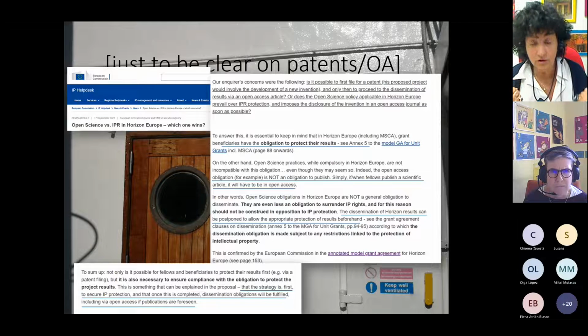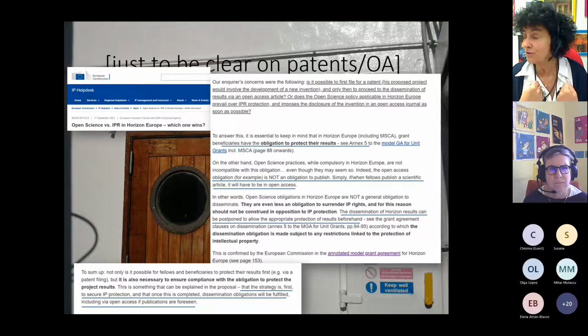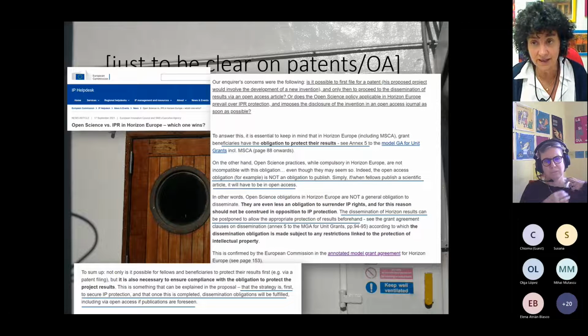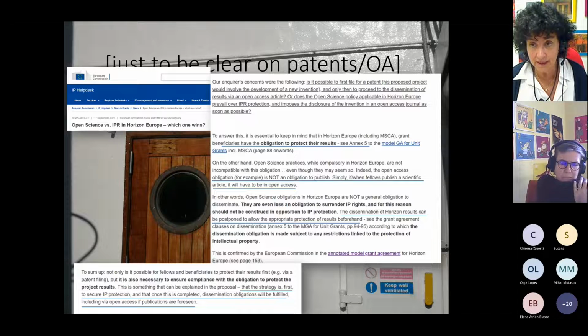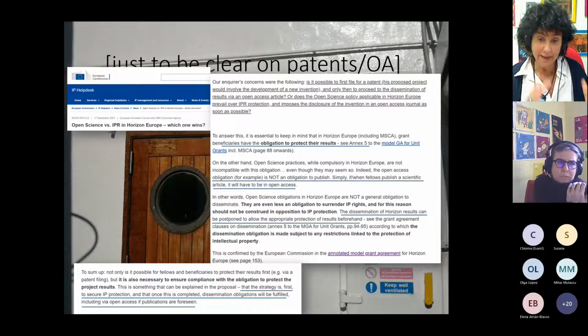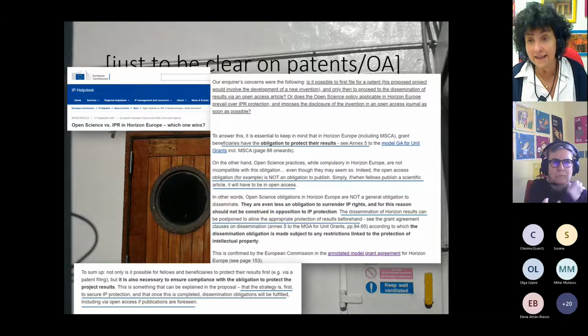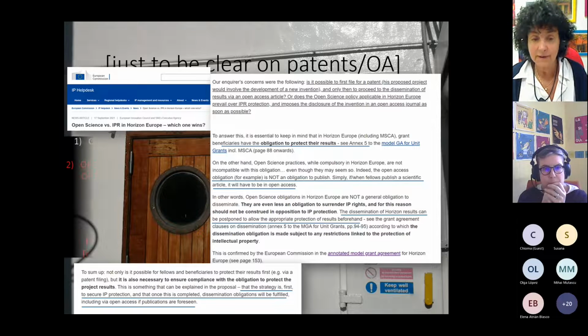Because in order to patent something, you must have absolute novelty. So no publication whatsoever, even in Nature, even in a subscription journal, okay? So it's not a matter of open access. If you want to patent your research, you must not publish anything, okay? Not in open access, anything at all.